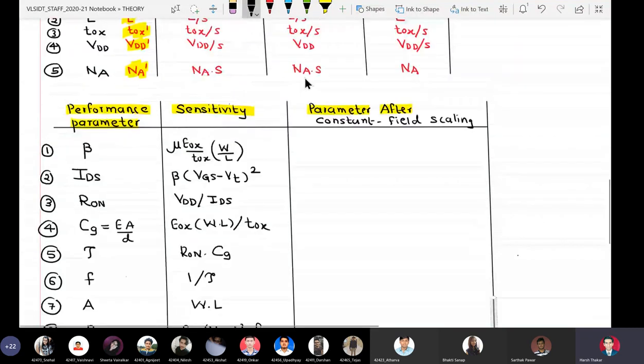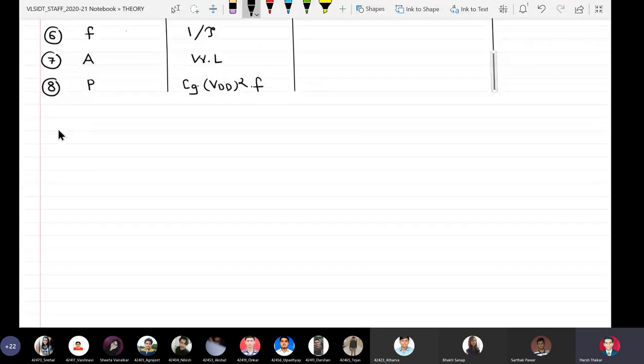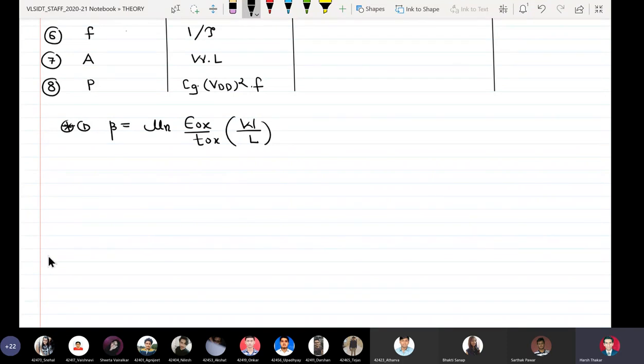Okay, so the first parameter is beta. See how I do it. Beta is equal to mu n, the mobility of electron, into epsilon ox upon T ox into W by L, right? So beta dash is equal to mu n dash into epsilon ox dash upon T ox dash into W dash by L dash.